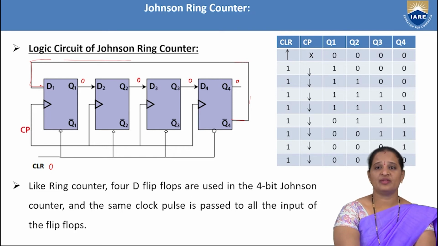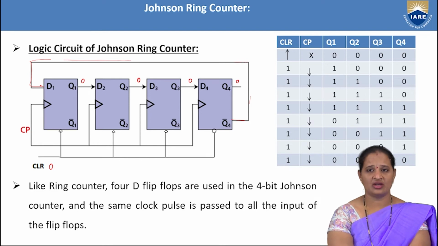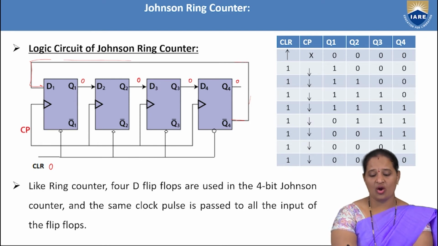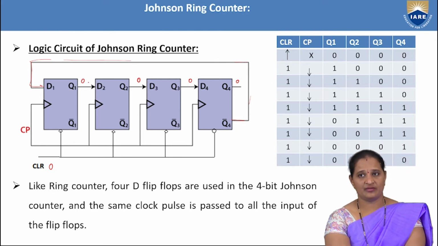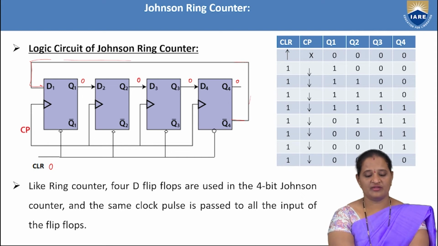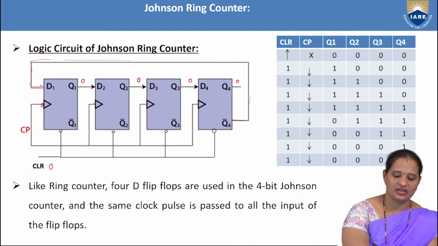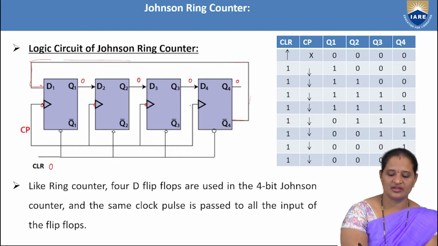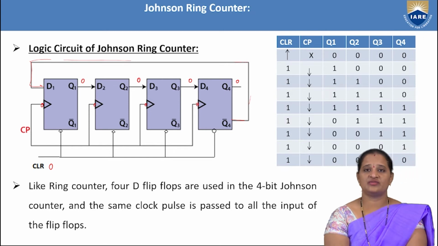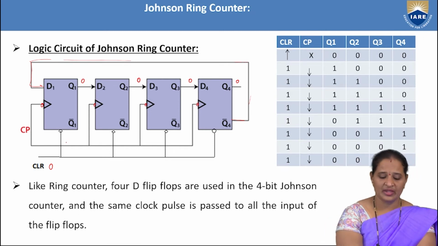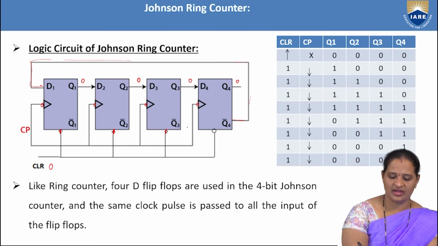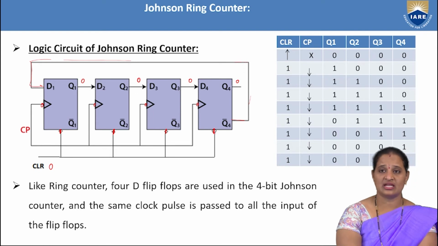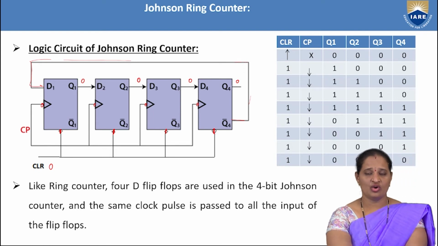So this is the Johnson ring counter structure, where the complemented output of the last flip-flop is given as input to the first flip-flop. Let us consider all these flip-flops are negative edge triggered, and the clear input is active high, not active low.